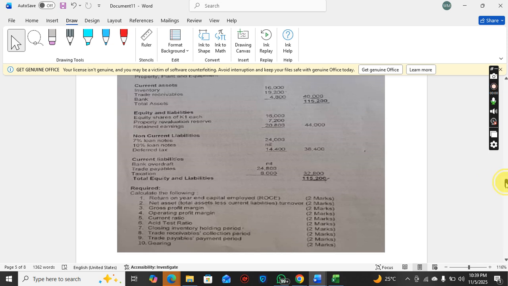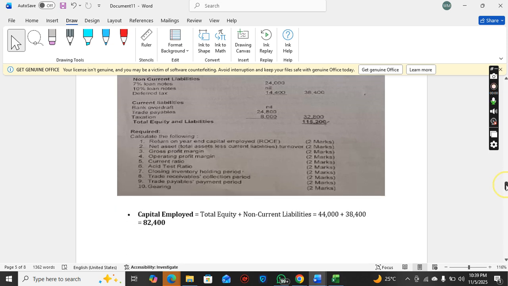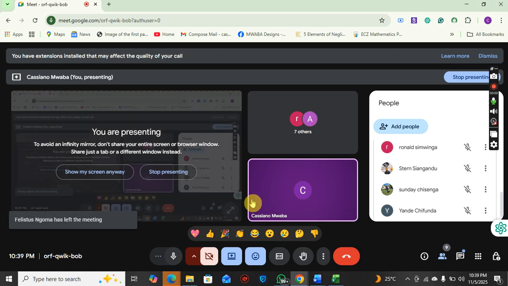Okay, so first let me explain what capital employed is. This is the long-term financing used by a business to purchase, mostly, non-current assets. It's the long-term financing for purchasing non-current assets. That is what you call capital employed.